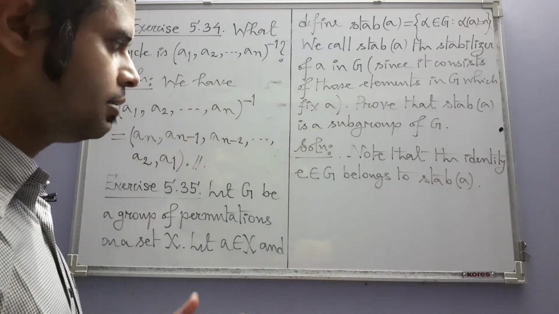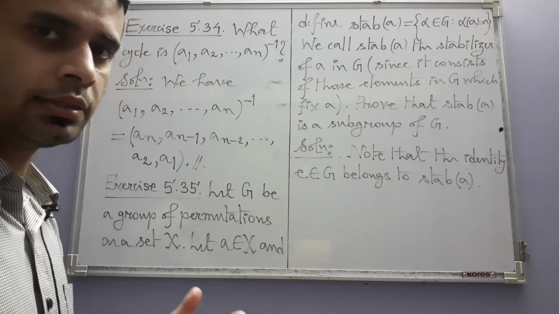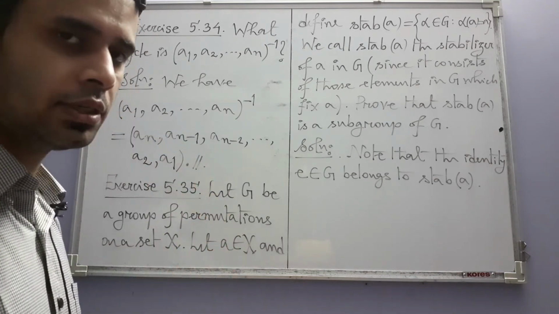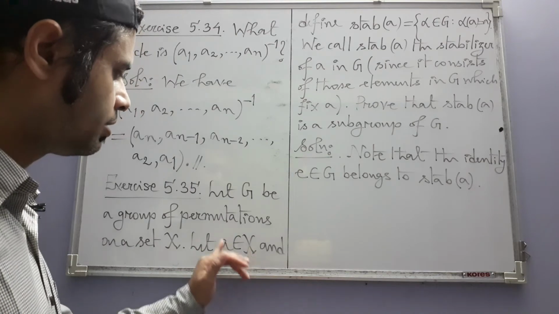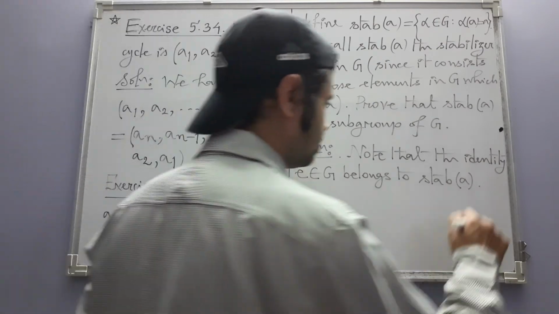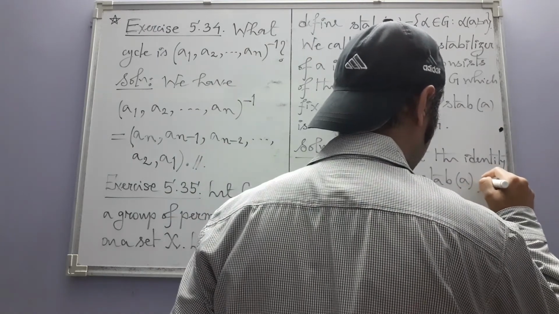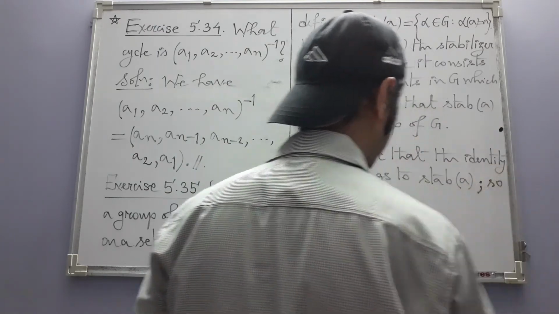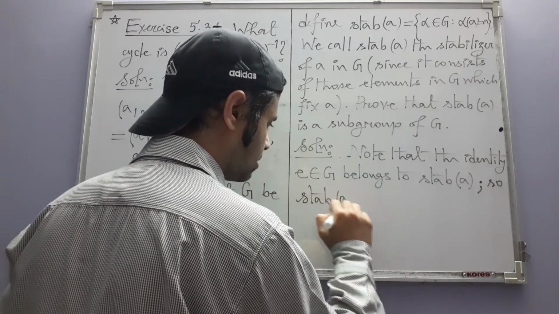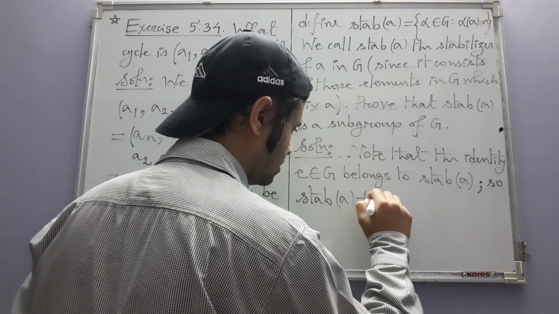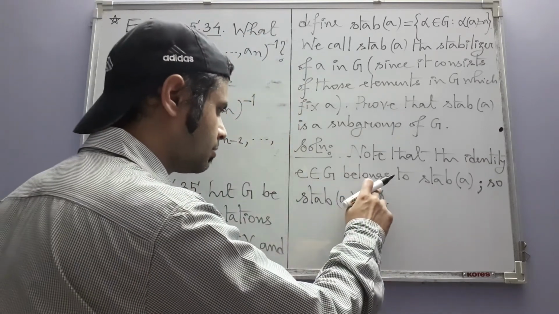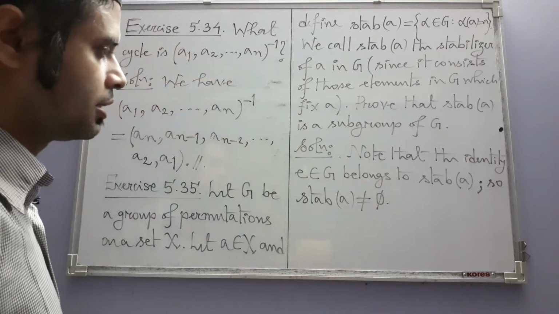Because the identity in G is nothing but the identity mapping on the set X, and the identity mapping fixes everything in X. In particular, it also fixes A. So E will belong to the stabilizer of A. So the stabilizer of A is a non-empty subset of G. It is a subset of G, no doubt. The definition itself says that, but it's now non-empty.